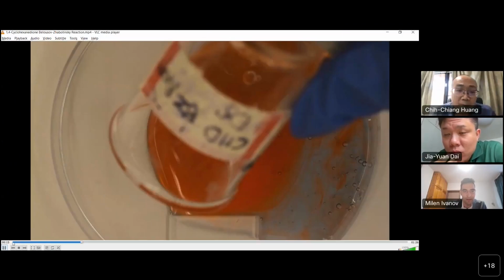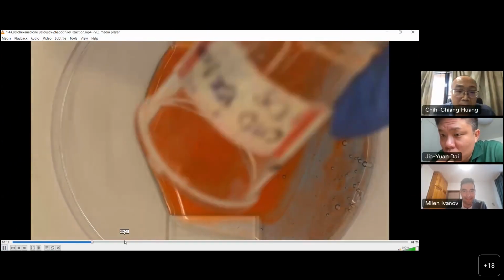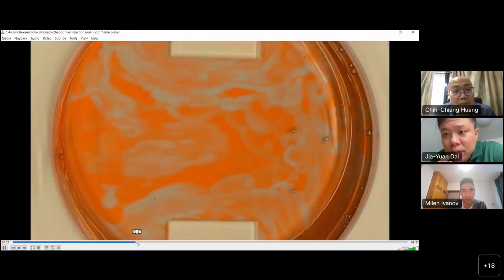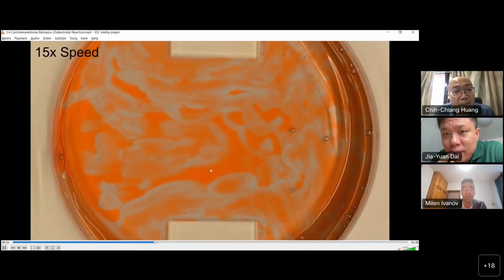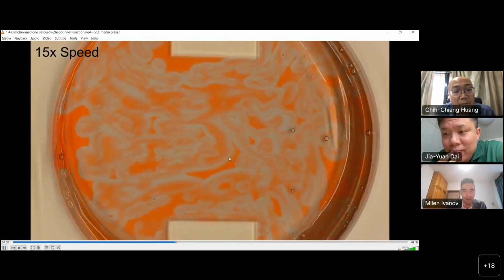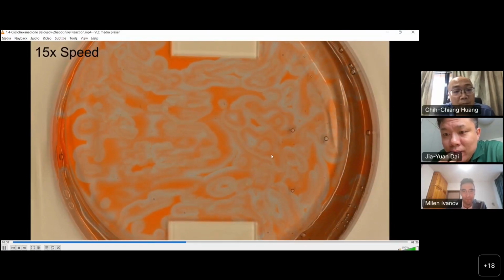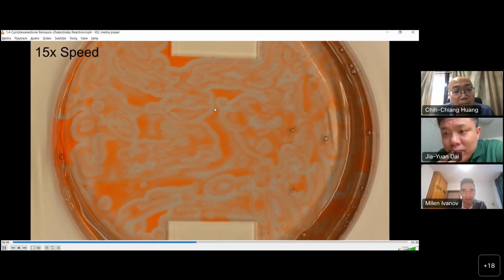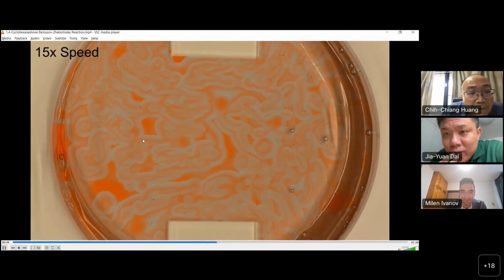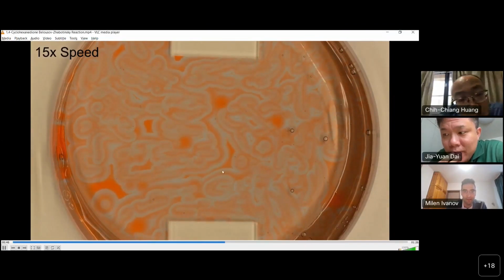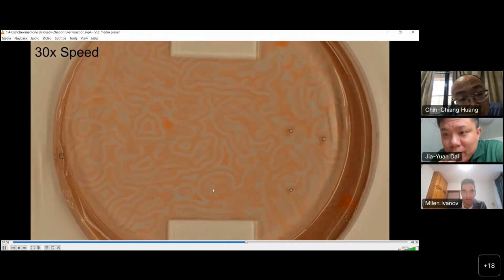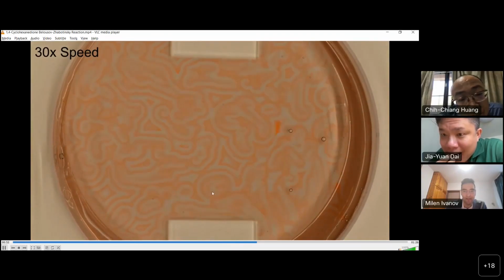After one mixes certain chemicals which give you the BZ reaction, we can see that slowly we have the emergence of patterns, and in a second we're going to see a bit more. Now we see something like a target pattern.